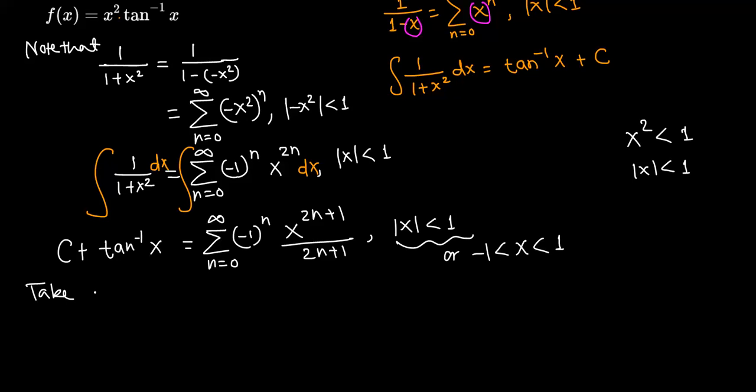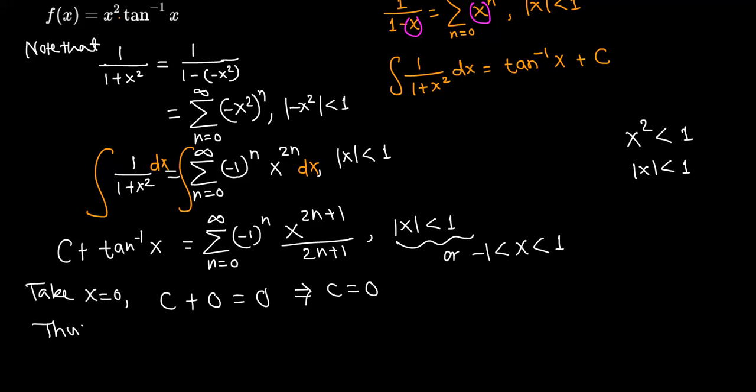Taking x equals 0, we get c plus tangent inverse of 0, which is 0, equals, when x equals 0, 0 raised to anything is 0, so the right hand side is 0. This implies c must be 0. So basically this constant is 0.